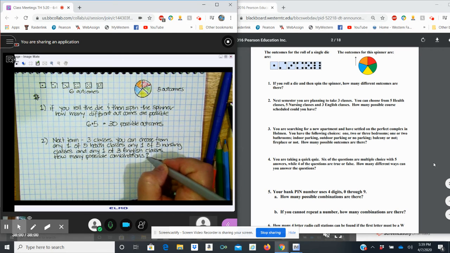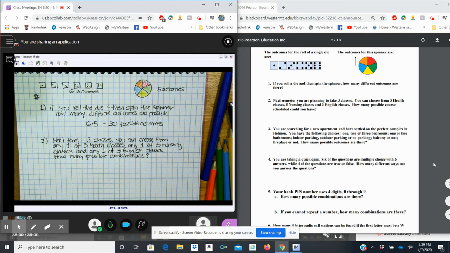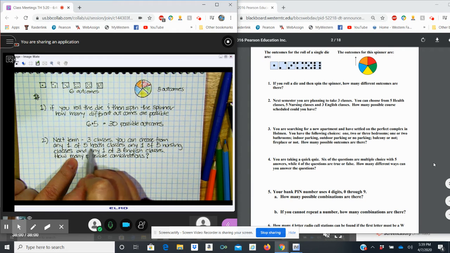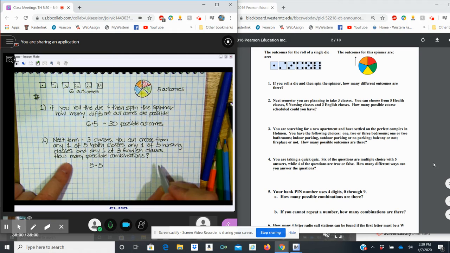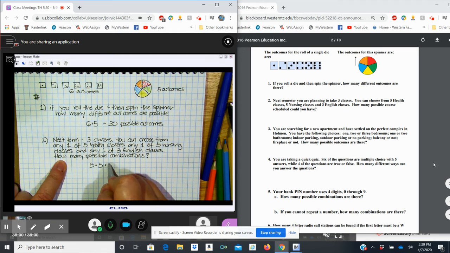Now, this isn't saying they'll all work with your schedule. This isn't saying that they'll all work for you. I just want to know how many possible combinations there could be. Well, for the health classes, you have 5. For the nursing classes, you have 5. And for the English classes, you have 3.